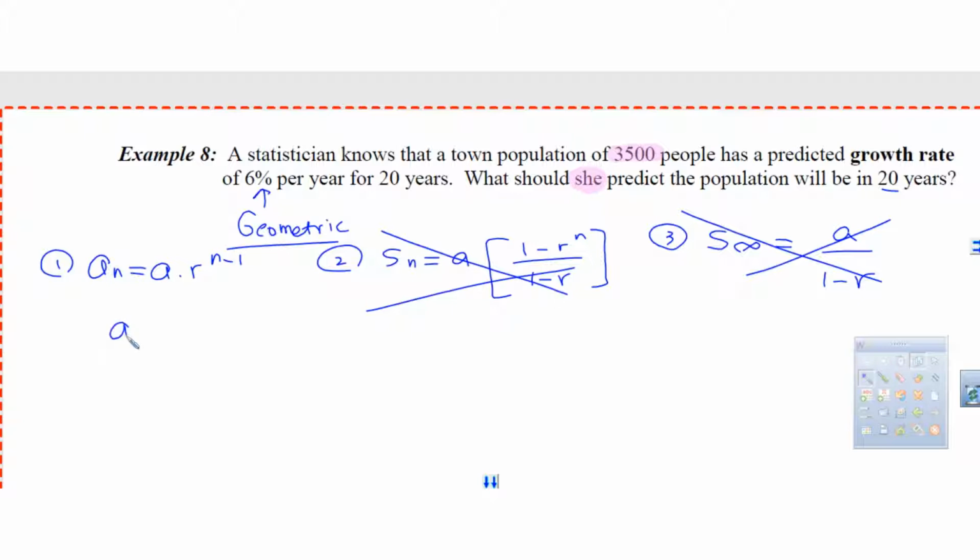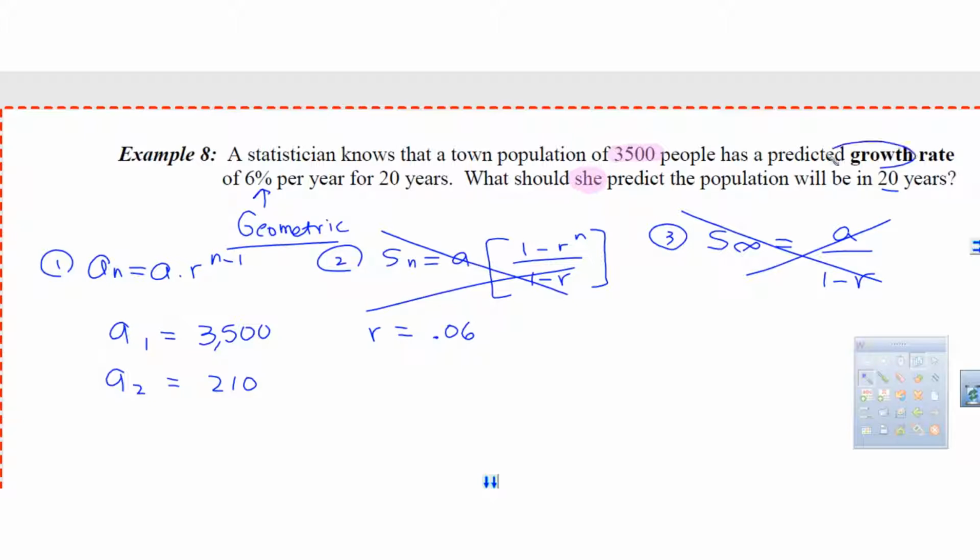Now, everybody write down a sub 1 equals 3,500. Then I want you to write down r equals. That's what I'm going to multiply by. 6% as a decimal is 0.06. So if I go 3,500 times 0.06, that means in the second year, my population is 210.